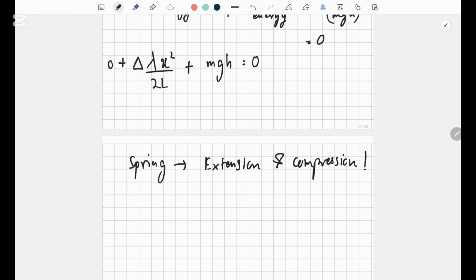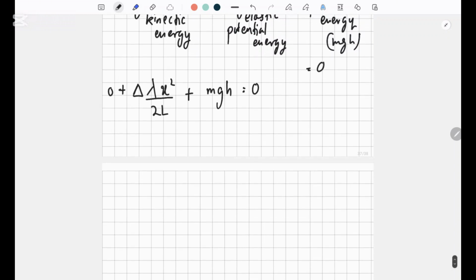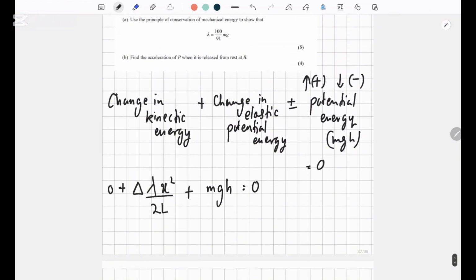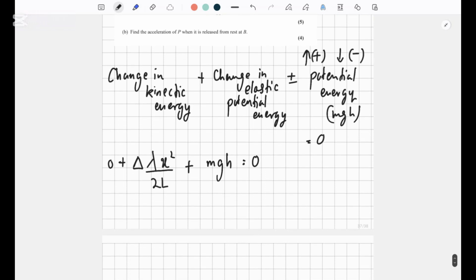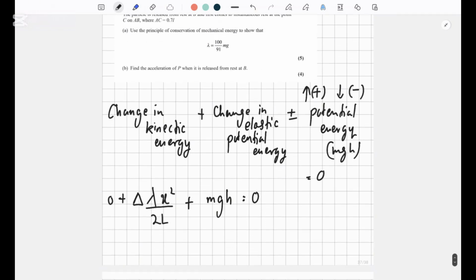I think I mentioned string earlier. I wasn't reading the question properly, but I'm sure I'll be making a few silly mistakes here and there, but I'll be getting the correct answer, so don't worry about that. So it's a spring. If it's a spring, you have compression and extension both. So even though it's way before its natural length, we still have to consider it.